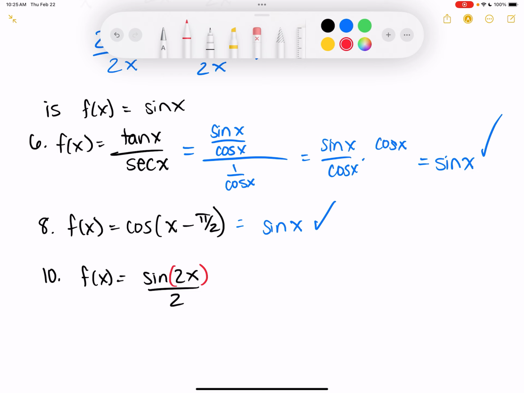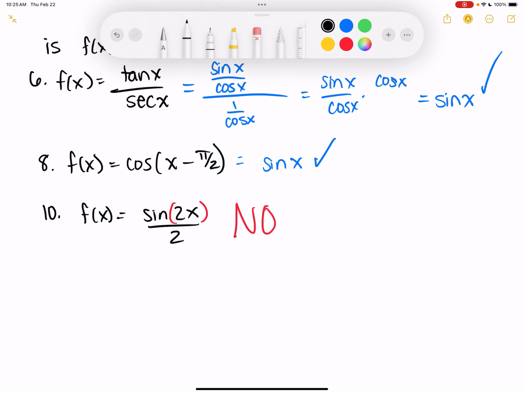So is this equal to sine of x? I don't think so. No. No solution. N-O. Nitrogen monoxide. Zero.